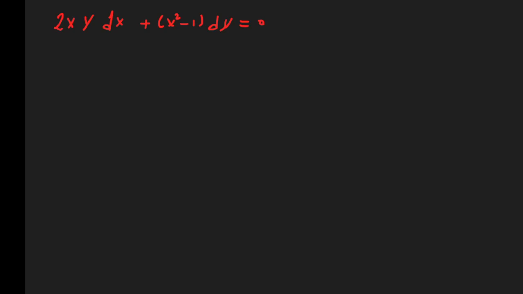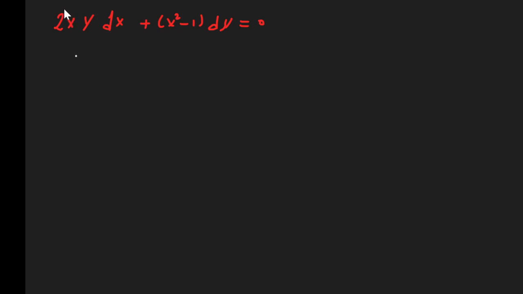Okay, so now I'm going to show you how you can solve an exact differential equation. As we said before, you need to first prove that this differential equation is exact.